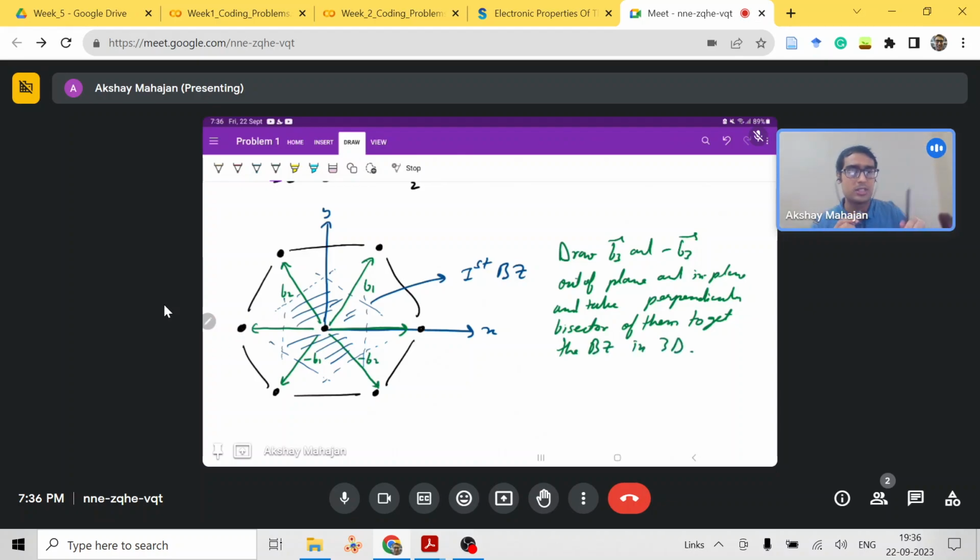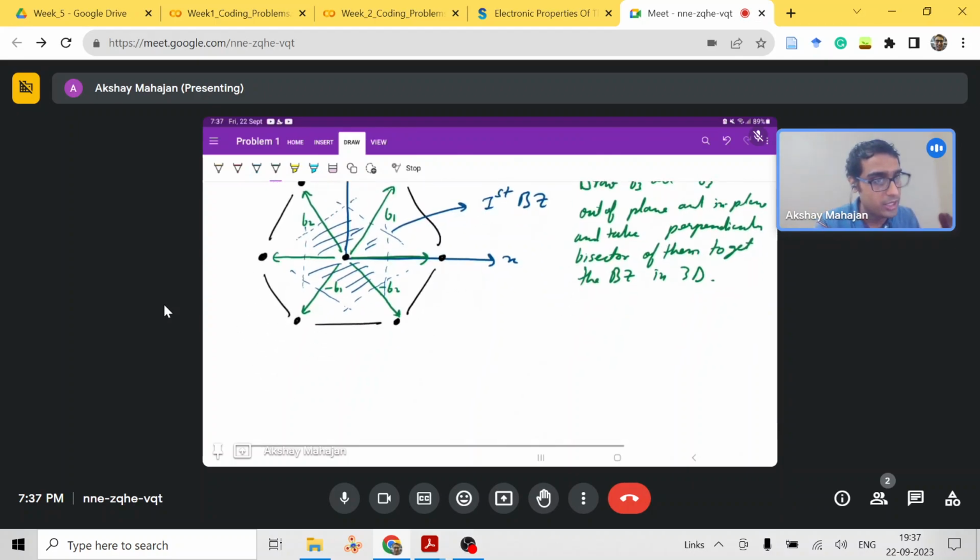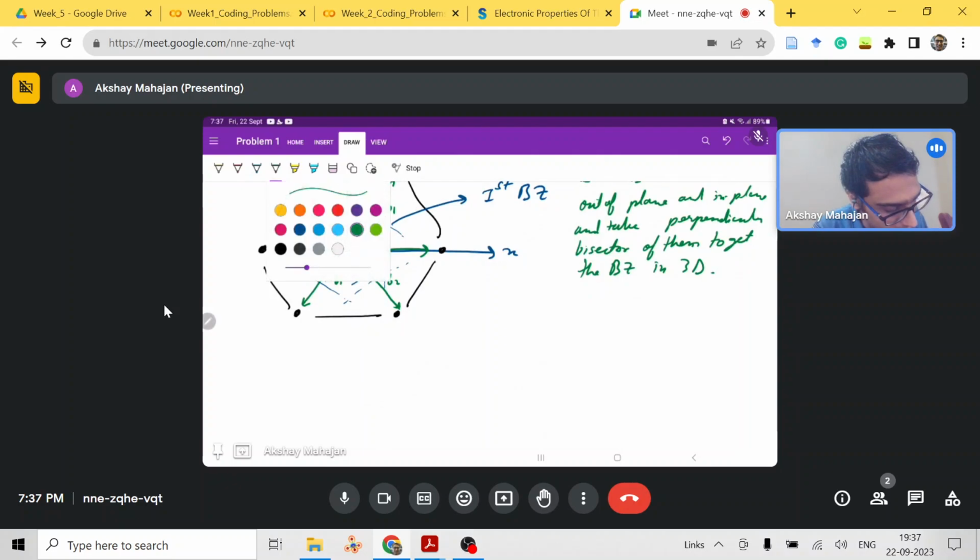So you just take these perpendicular vectors, B3 vector, draw those, and take the perpendicular bisectors. This will just be extended in 3D. For the 3D part I am not showing, but in the 2D plane we can see this. This is how the Brillouin zone will look like. Let me just explain what we have done here.